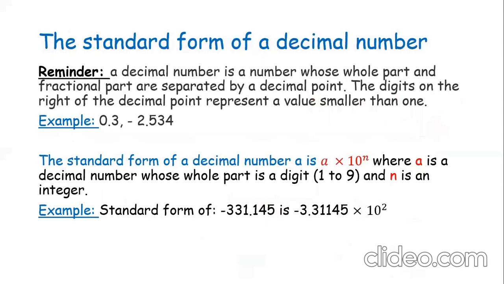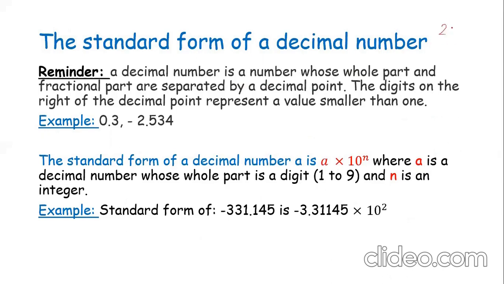Now we move to explain the concept of the standard form of a decimal number. First of all, we remind ourselves of the definition of a decimal number. A decimal number is a number whose whole part and fractional part are separated by a decimal point.